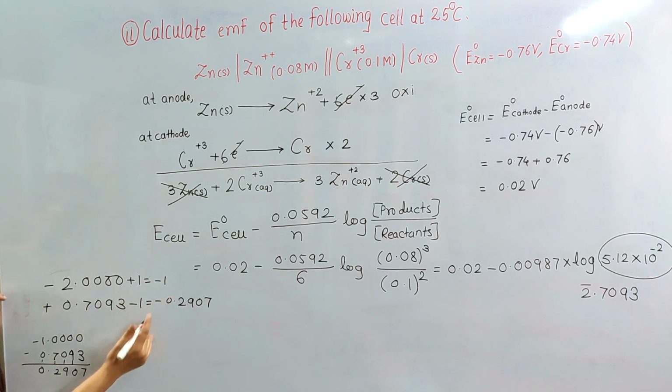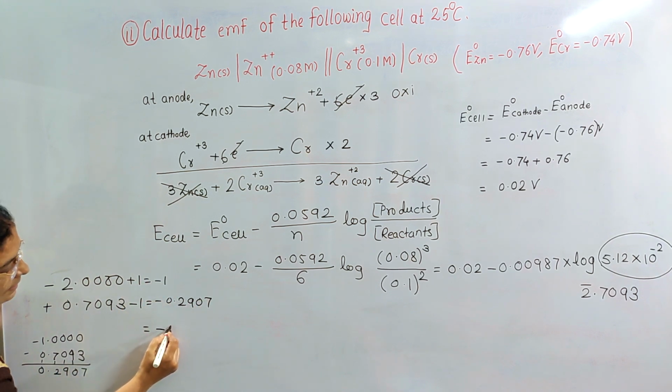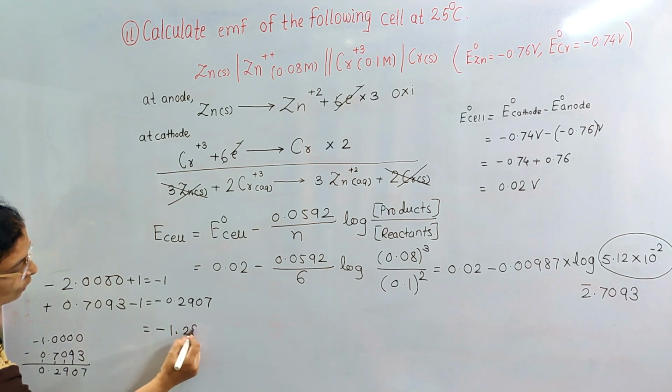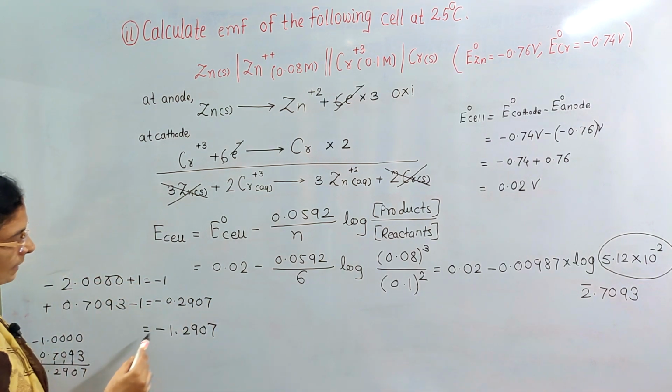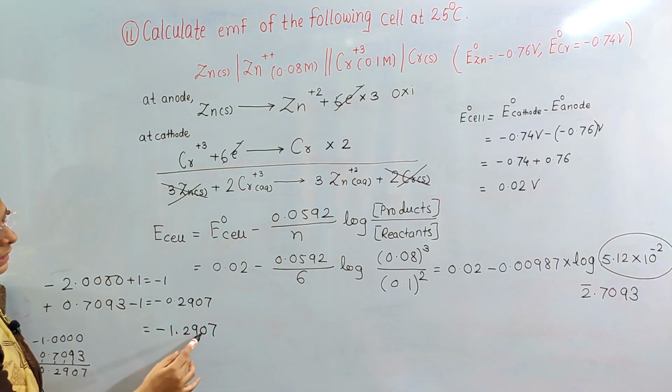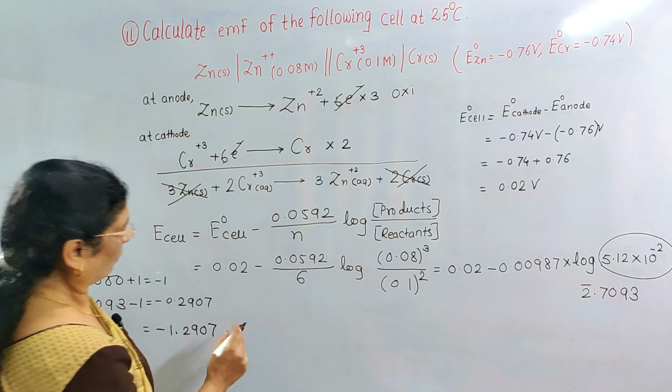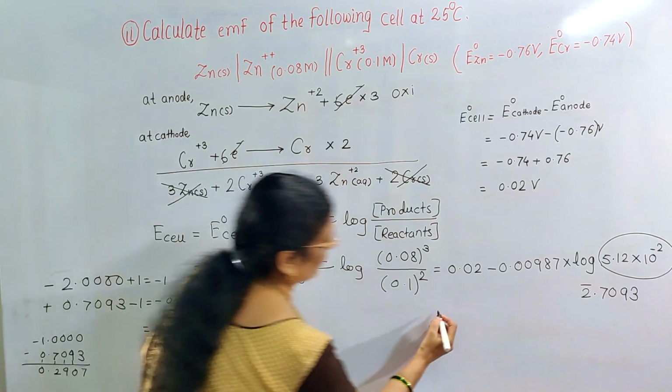So if you combine this, it will be minus 1.2907. So remember, bar 2.7093 is nothing but minus 1.2907.